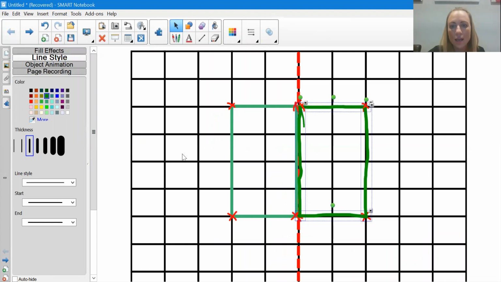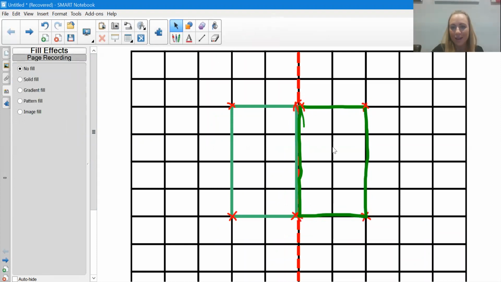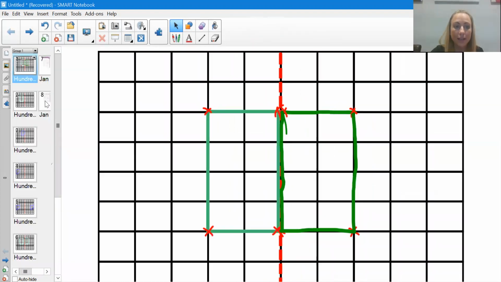You can see that my shape is symmetrical to this one. It's been reflected, not quite as straight, but the shape is exactly the same, but it's been reflected. I made sure that my points were the same distance away from the mirror line.